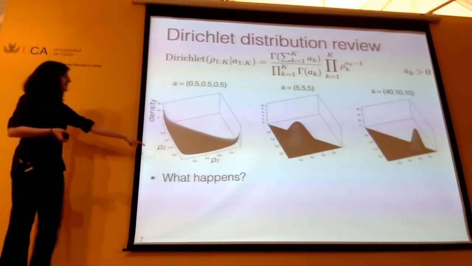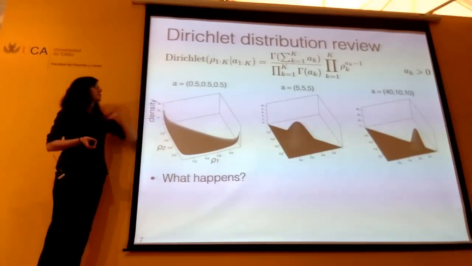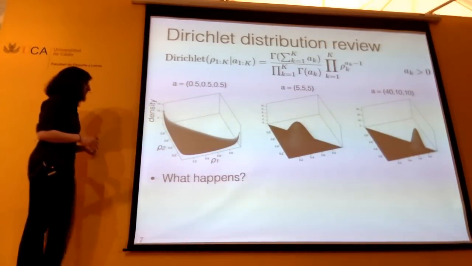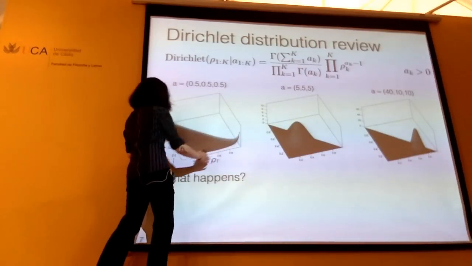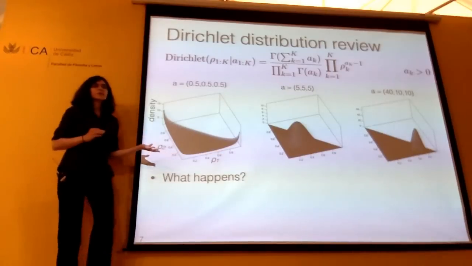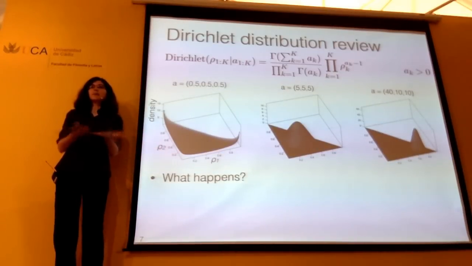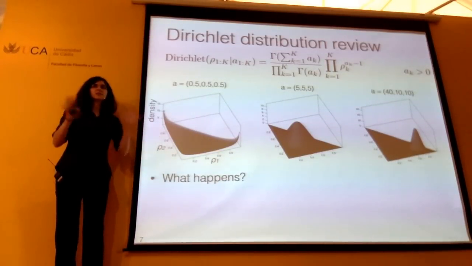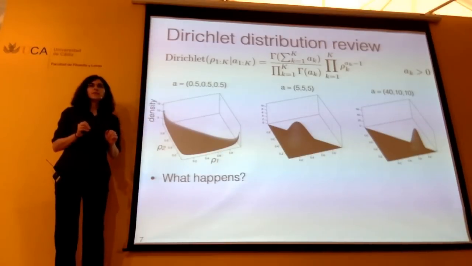When a_k is less than 1, so maybe all 3 of my a_k are 0.5, then I can plot that, and let me just say for a moment when I'm plotting here, I'm plotting rho 1 and rho 2 and the density, and the reason I'm not plotting rho 3 is because it's defined by rho 1 and rho 2. It's just 1 minus them.